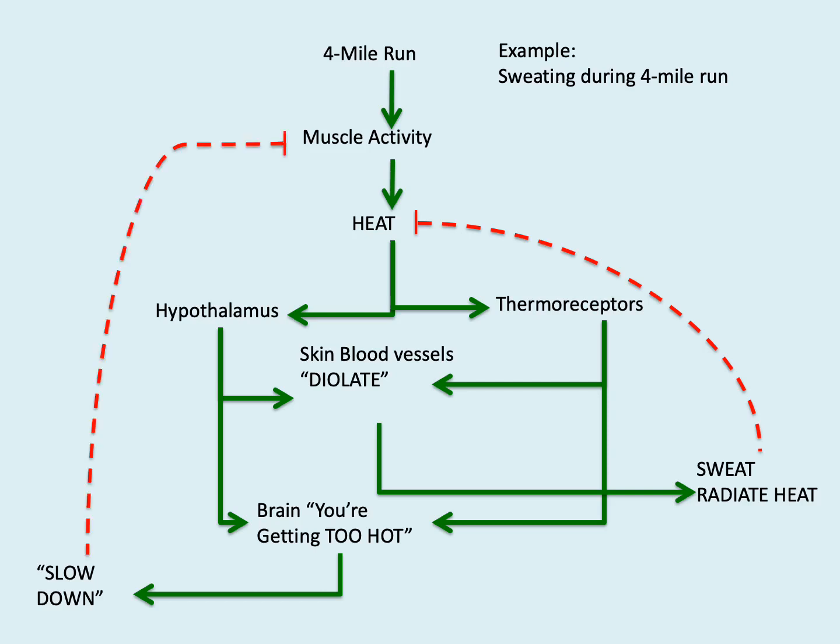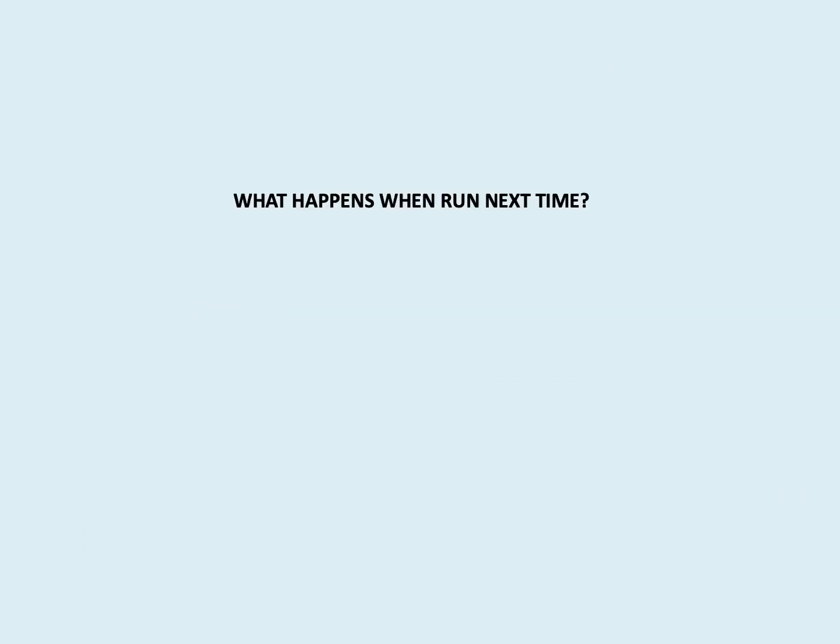The working too much leads us to slow down. Slowing down alleviates the level of muscle activity so that we do not have excessive amounts of heat occurring within that activity. Which leads to a question: what happens the next time we go for a run?